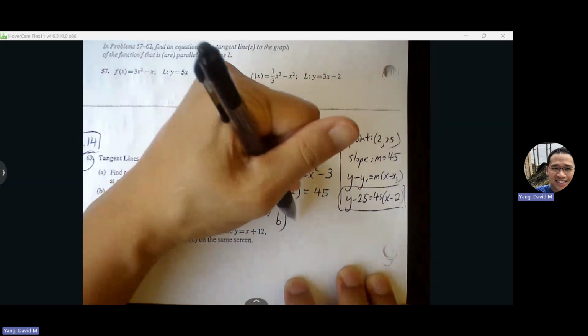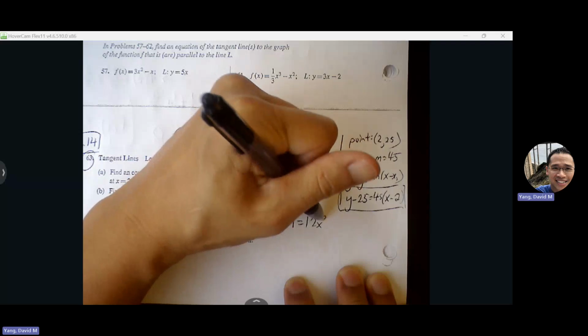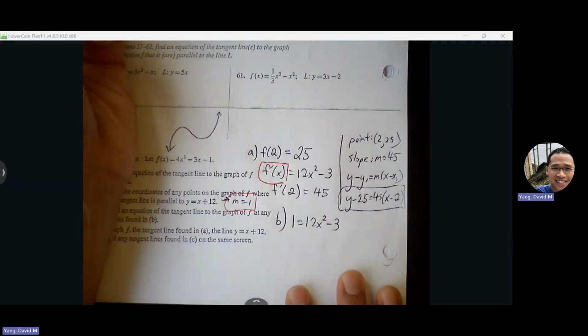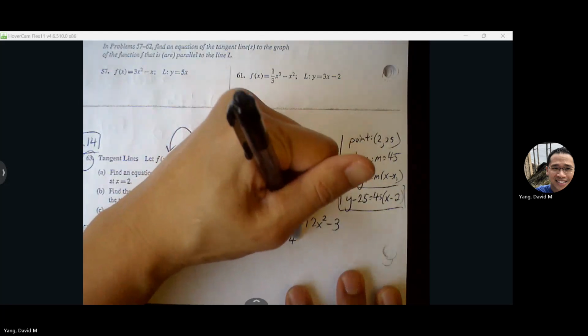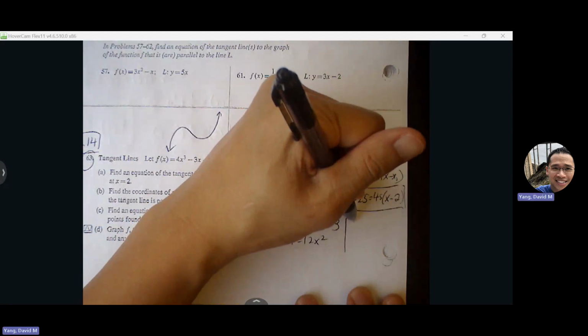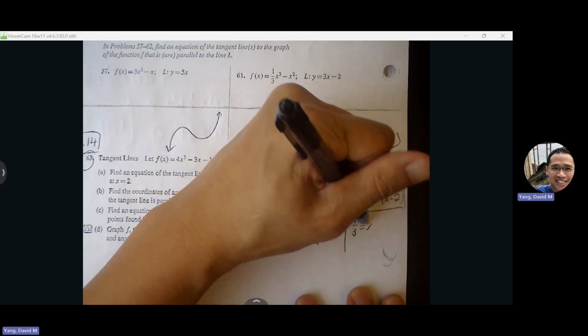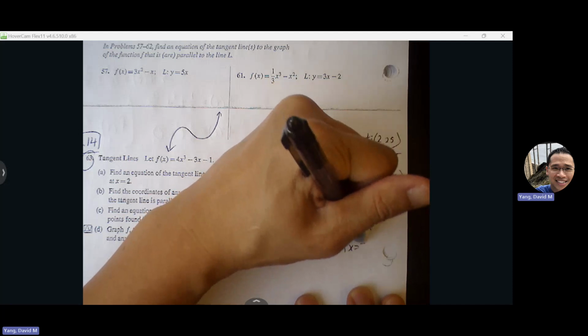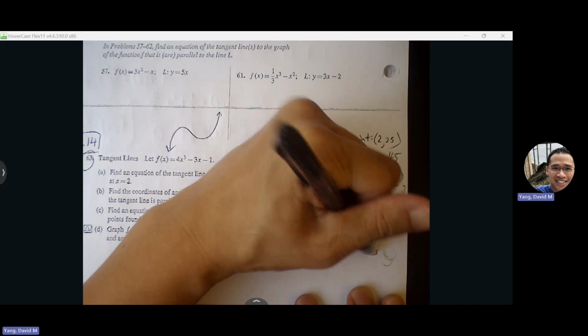So for part B, we can say 1 is equal to 12x squared minus 3. And then we can solve for x. Divide both sides by 12. 4 over 12 is 1/3. It's equal to x squared. So x equals plus or minus square root of 1/3.